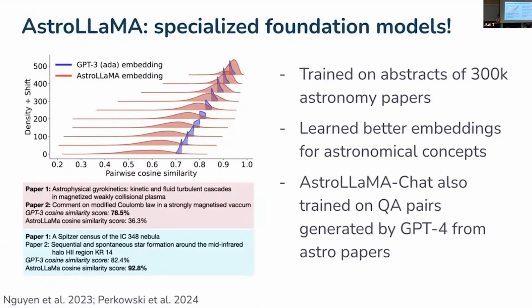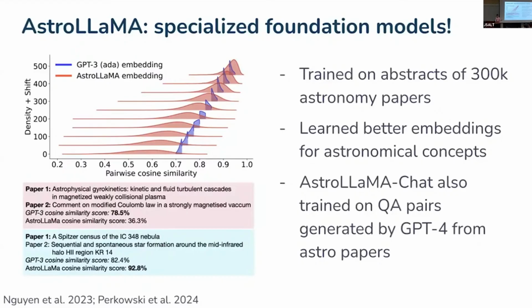Again, AstroLlama is trained on a relatively small corpus of text, so it obviously has its limitations. But one of the other things that came out of this work was AstroLlama Chat. This is an instruction-tuned model so that it can answer question and answer pairs about astronomy, which were generated by taking the actual astronomy papers and having GPT synthesize questions and answers for them.